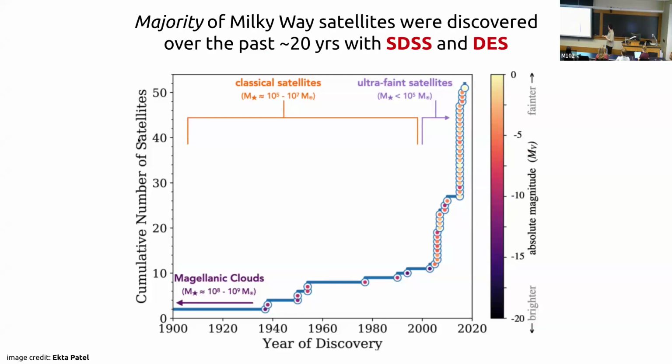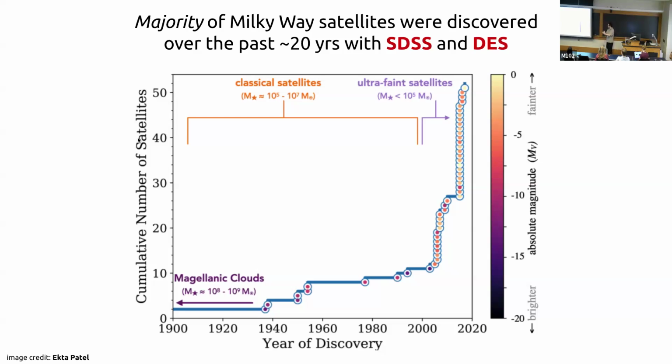But then, when we started having large area sky surveys, specifically around 2005, with data from the Sloan Digital Sky Survey, the number of satellite galaxies that we discover around the Milky Way really skyrocketed. And this second jump right here is because of the Dark Energy Survey. In total right now, we know about 50 satellites of the Milky Way that are confirmed to be not only real systems, but real dwarf galaxies.